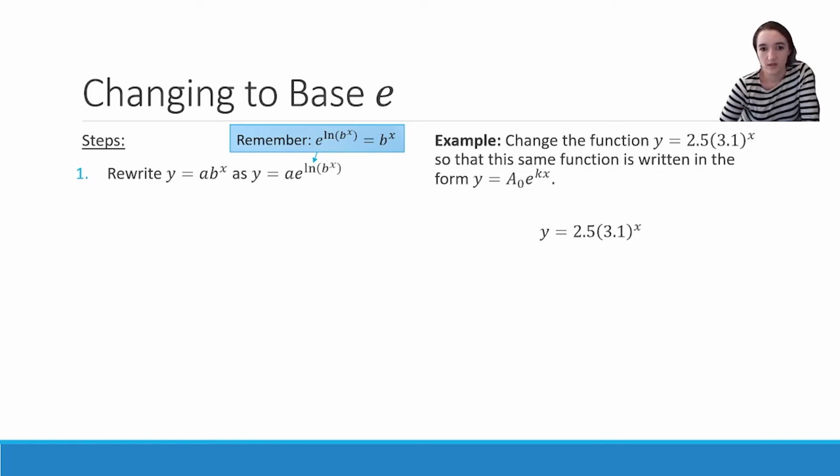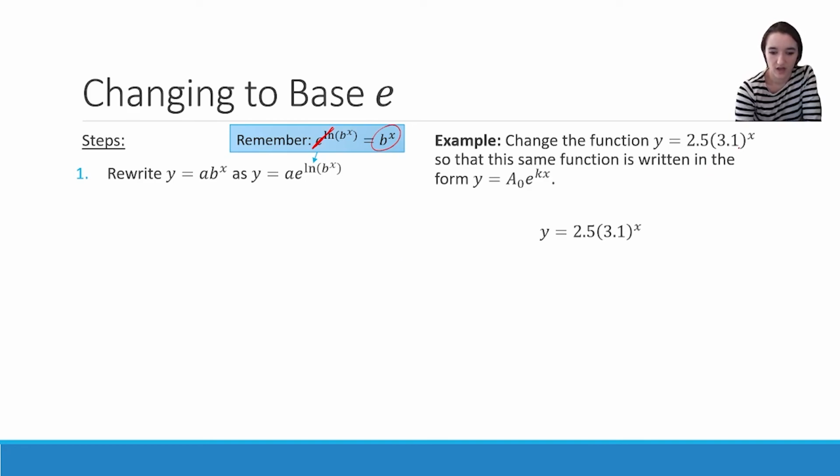So first, we use our properties of e and its relationship to the natural log. So we rewrite y equals a b to the x as y equals a e to the ln of b to the x, which seems pretty weird, but remember that e to the ln, they cancel each other, so that's just the same thing as b to the x.